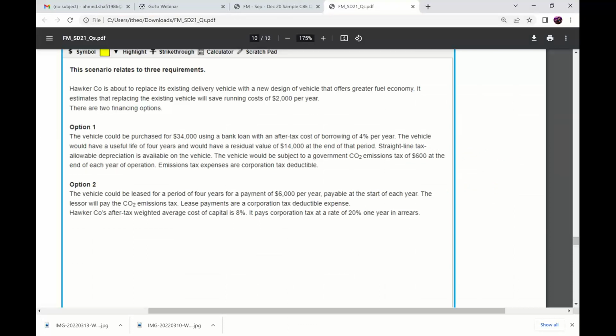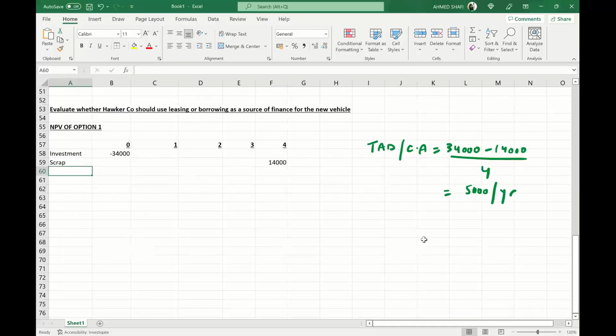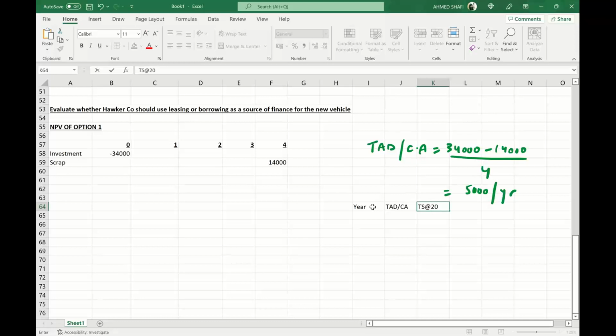Straight line tax allowable depreciation is available. Tax allowable depreciation results in tax savings. So you can make a tax allowable depreciation format as well, your TAD or capital allowances tax savings at 20%. It's a 4-year life, 1, 2, 3, 4. Every year tax allowable depreciation is how much? Cost less scrap value over life. It's 5,000 each year.